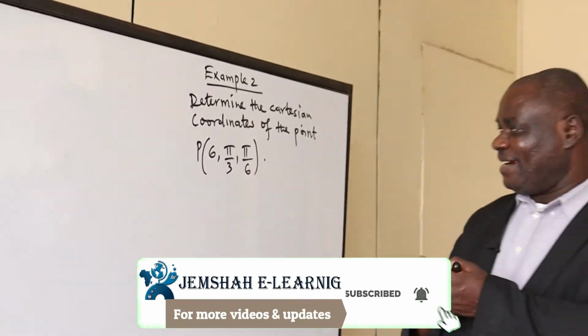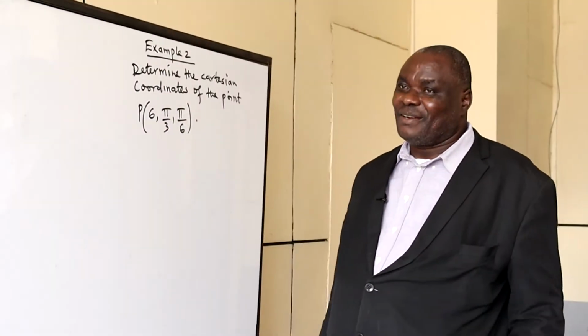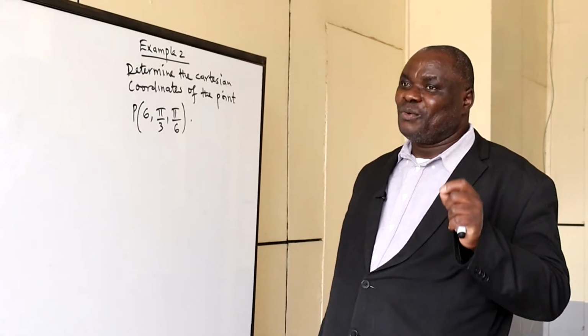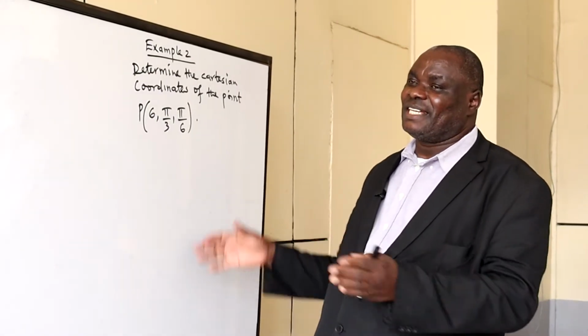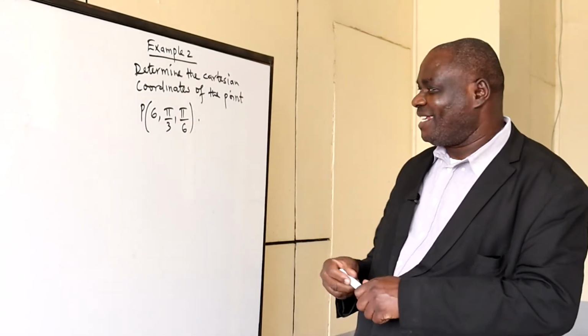Now whatever we have, these are coordinates in spherical coordinates. Now we need to change these spherical coordinates into rectangular coordinates, better known as Cartesian coordinates.